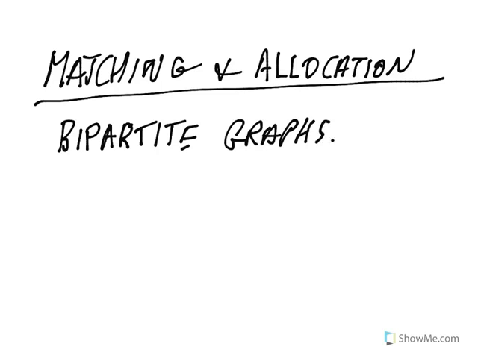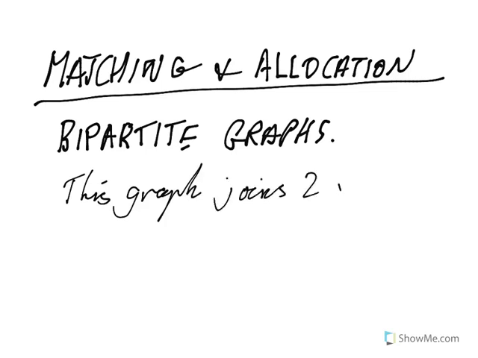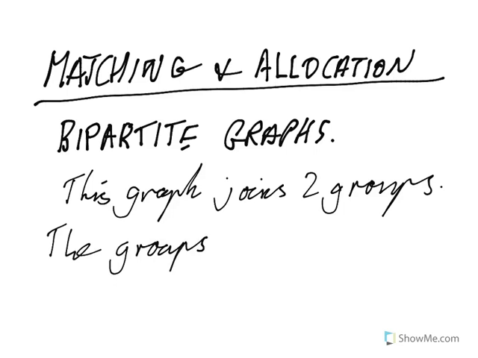Alright, so what a bipartite graph does is it joins two groups. So this graph joins two groups, and the two groups are not necessarily related but somehow connected. So the groups, we set them up with their vertices one under the other.